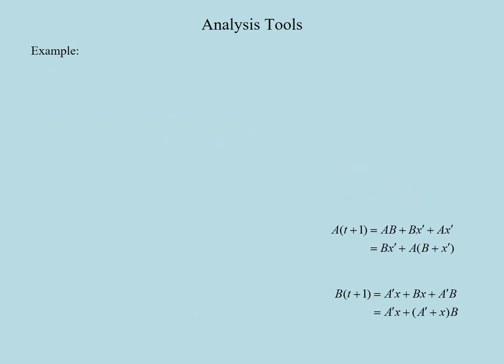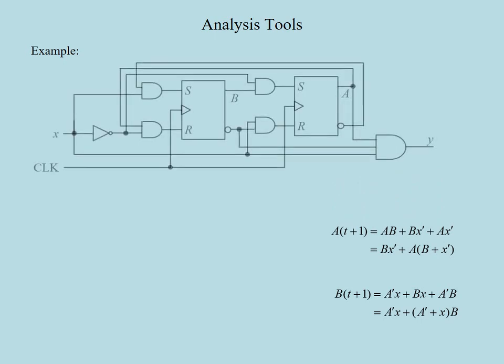In fact, we could have obtained these equations also directly by using the characteristic equations of the flip-flops in the circuit. After all, the characteristic equations too represent the next state of flip-flops in terms of their present states. Flip-flop A is an SR flip-flop.